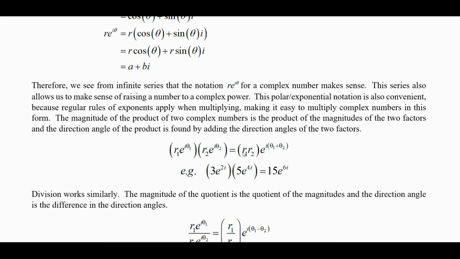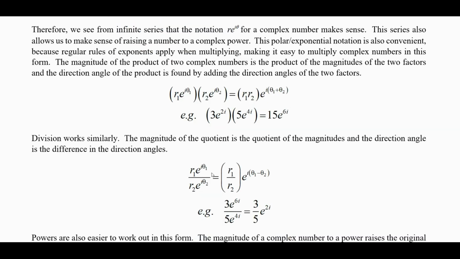So it's r1 times r2 times e to the i times parentheses theta 1 plus theta 2. Here's an example. 3e to the 2i times 5e to the 4i is 15 e to the 6i. So what happens here is the angles add up, and the magnitudes multiply.